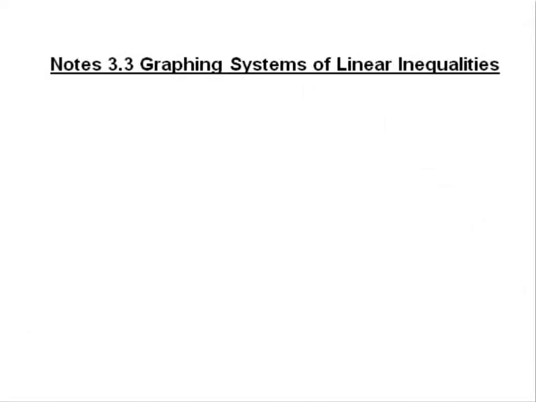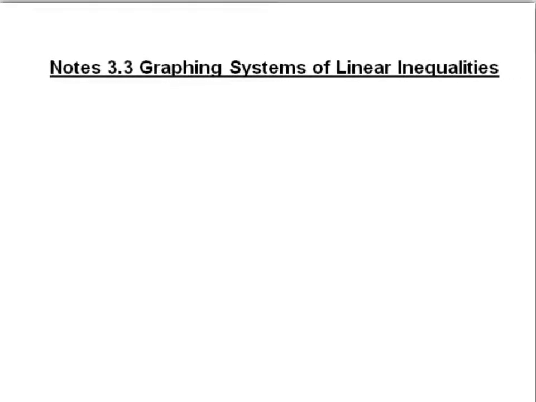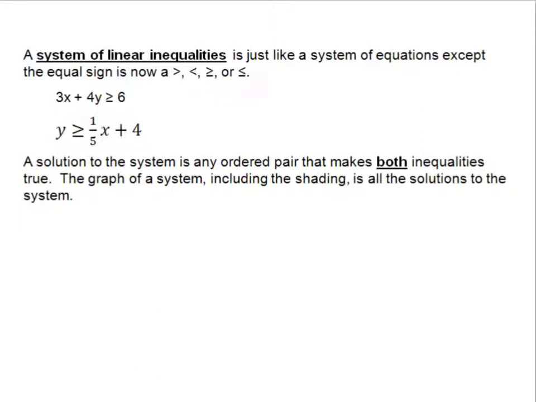Okay, so we're going to be graphing systems of linear inequalities. This time we're going to be given two inequalities, and since we have greater than, less than, greater than or equal to, less than or equal to, our solutions are going to be where the shaded areas for both graphs intersect.